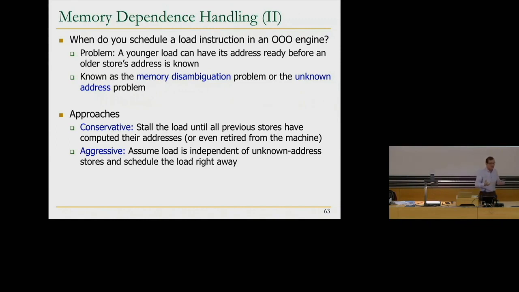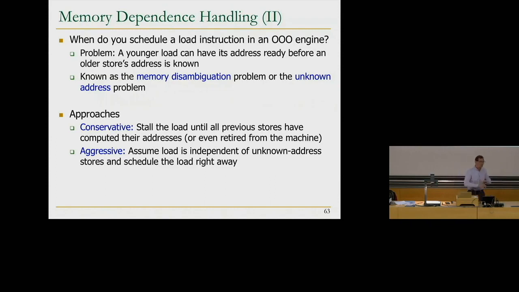This is an example of predicting something in a machine. So this also doesn't work extremely well, although it's usually better than the conservative approach. But it adds additional machinery to check. If you're wrong, you should re-execute this load and get the correct value. So if you're wrong, you flush the pipeline, basically.